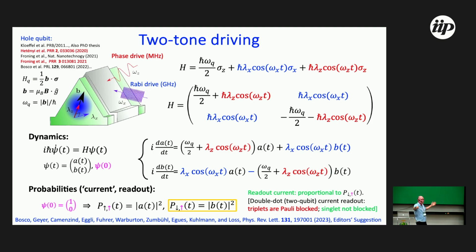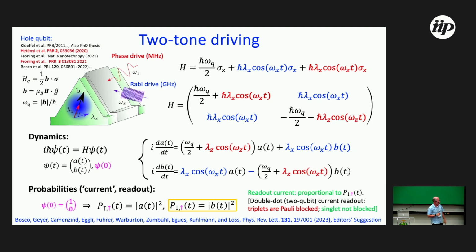After some time, you ask yourself, what's the probability for the system to stay in the up state, or in the down state, or the probability for it to flip? And because the readout in this kind of experiment is a double dot geometry, as I showed you in that picture, even though we're looking at just one qubit, the readout involves the electron tunneling to the other dot and out.